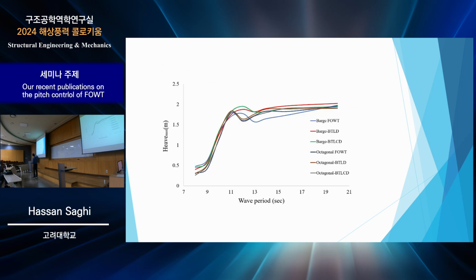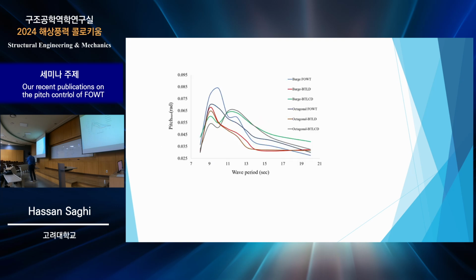Finally, we compare all the cases we modeled. The first one is the barge, the simple barge. The second one is the integrated barge and BTLD, barge and BTLCD, octagonal BTLD, and octagonal BTLCD. You can see, for example, this figure is about heave, but in this figure we can select the optimum geometry or optimal model for different wave periods.